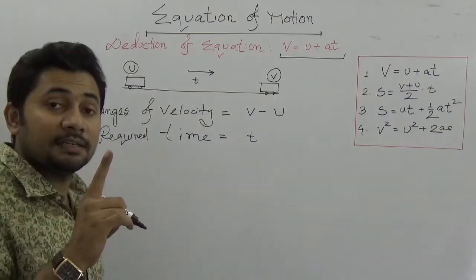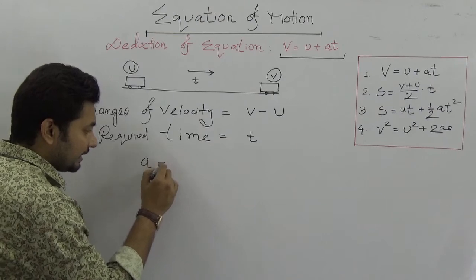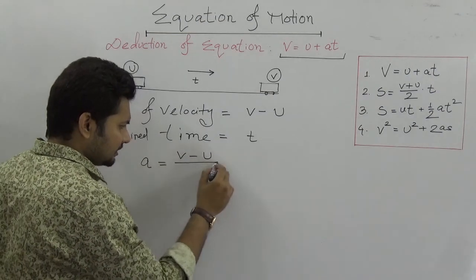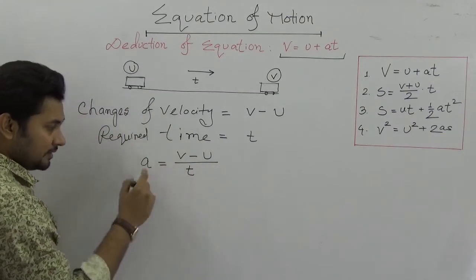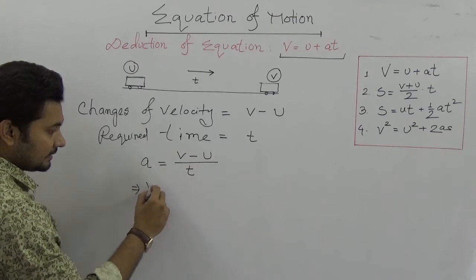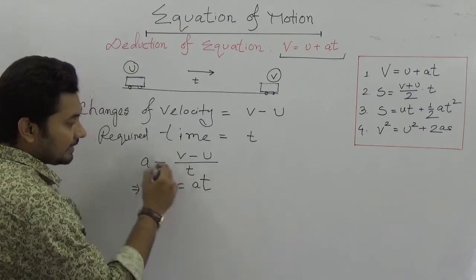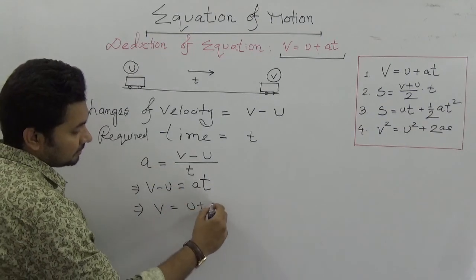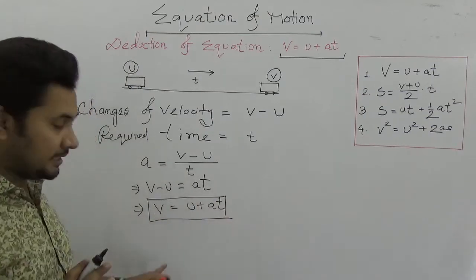Following the definition of acceleration, a is equal to the change of velocity over time, and hence v minus u is equal to a times t, and so v is equal to u plus at. That is very simply done.